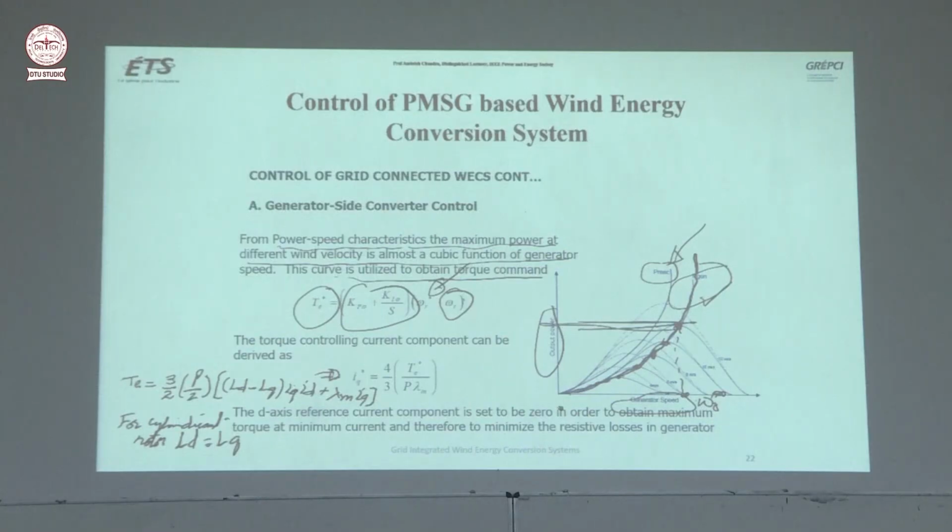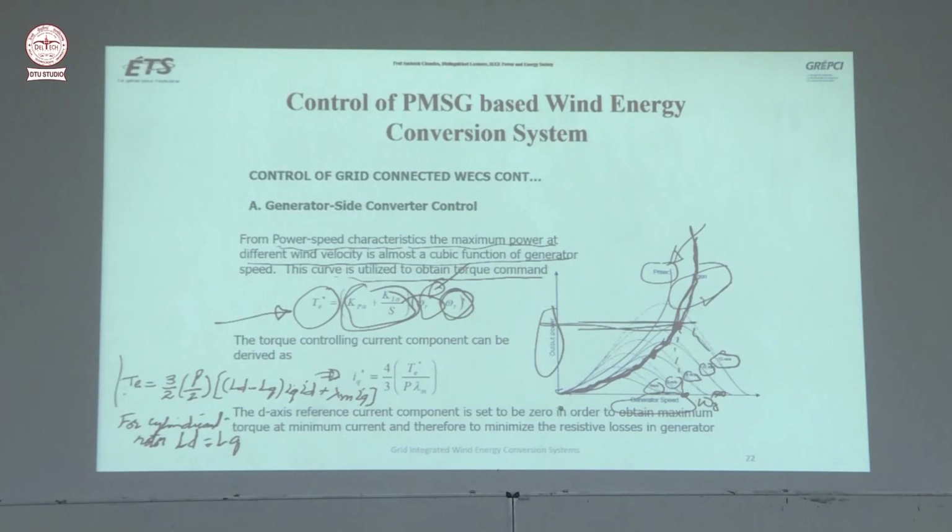For MPPT, you can even use just this curve for a particular turbine, because you see different speeds: 12 meters per second here, 10 meters, 8 meters per second, 6 meters, 4 meters per second. At different speeds you will have different maximum power, so the reference speed has to be changed. That reference speed you may calculate using this curve, and this is the measured rotor speed, this is the PI controller, and this is the reference electric torque.